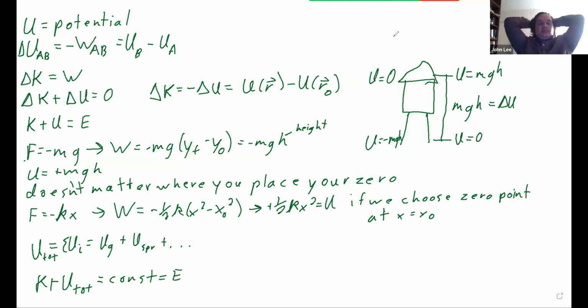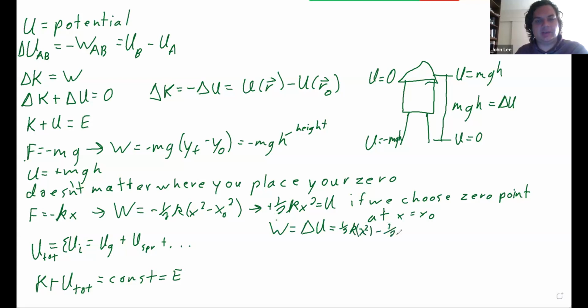So the work between, we don't even have to choose 0 point at x equals x naught. We can just say work equals delta U equals 1/2 k x squared minus 1/2 k x naught squared.